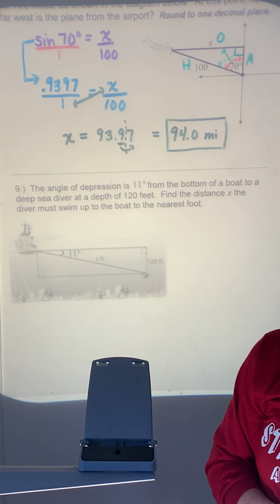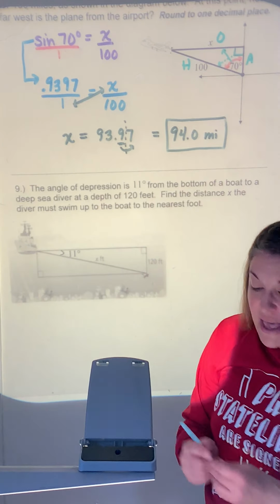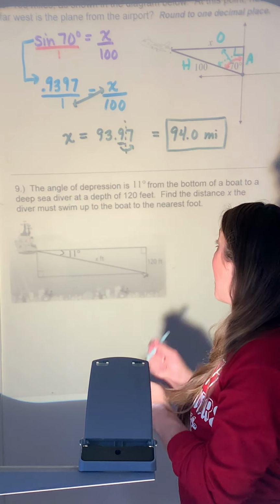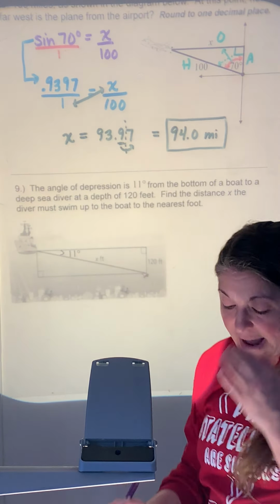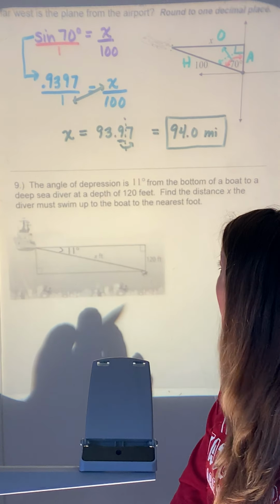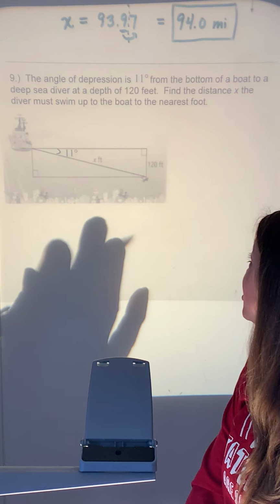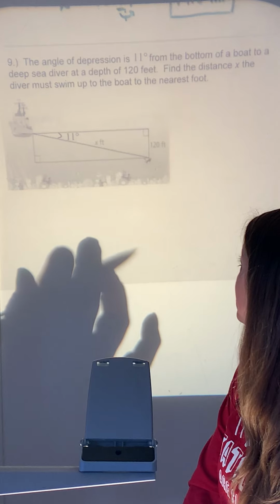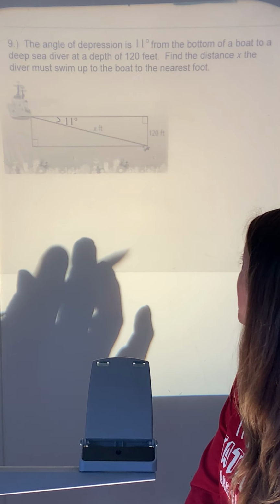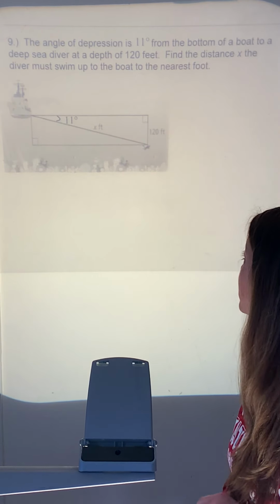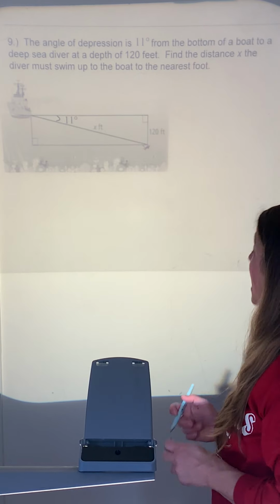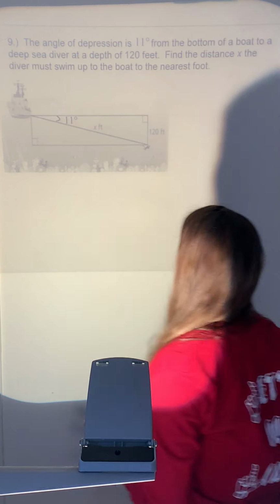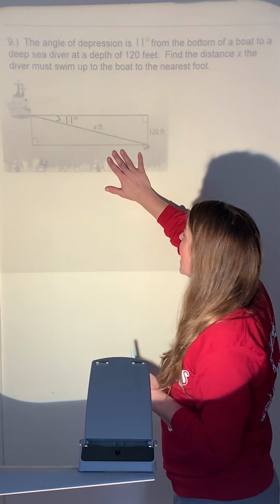And we're just going to do one more problem, and then you are done with sine. Number 9. All right, this talks about an angle of depression. It says the angle of depression is 11 degrees from the bottom of a boat to a deep sea diver at a depth of 120 feet. So basically this is what's happening here, guys.